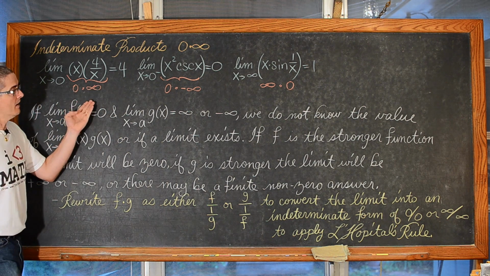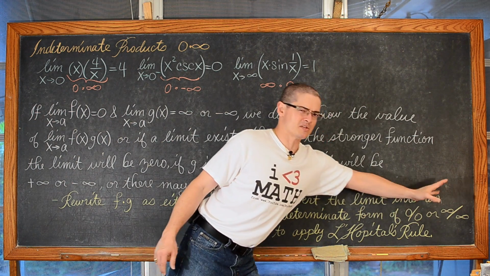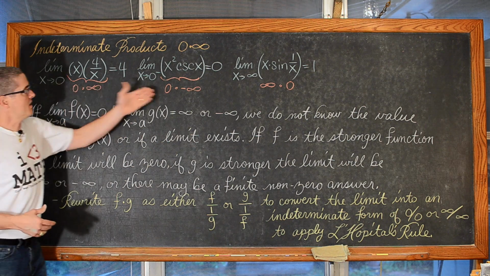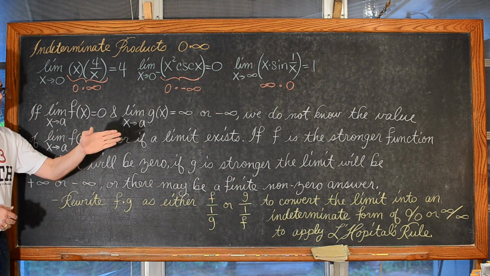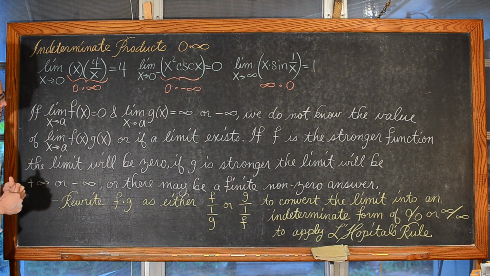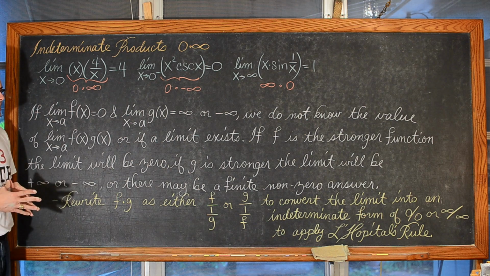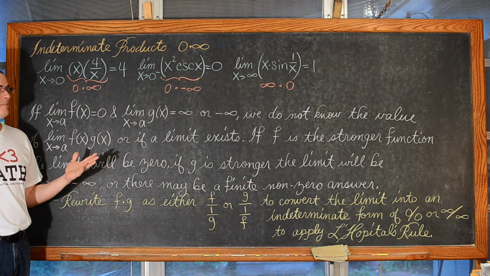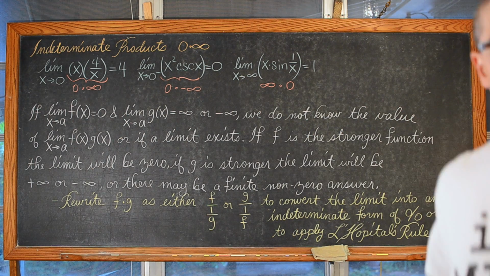There are other forms of indeterminate limits, but to apply L'Hopital's rule, you have to have that 0 over 0 or infinity over infinity pattern in our limit so that we can apply L'Hopital's rule. So, you know what that means? Time for more examples. Woo.